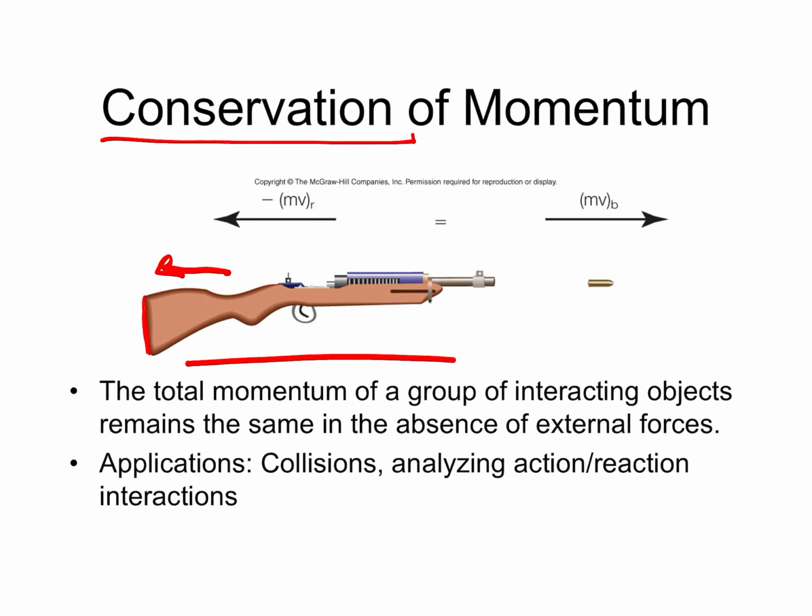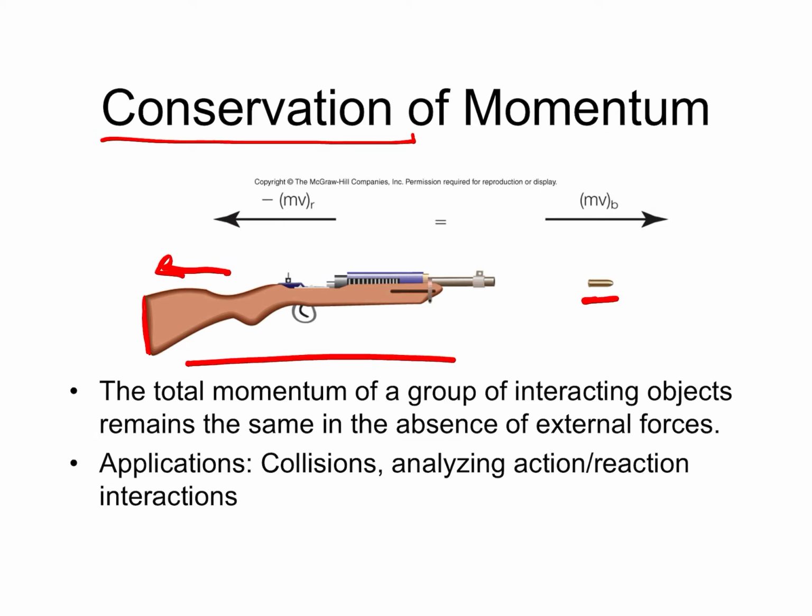Well, the gun has a mass, doesn't it? And it's also going to go backwards at a certain velocity. Where this bullet here, it also has a mass. Now, which one has the bigger mass? Well, obviously the gun, right? And so because of that, its backwards velocity isn't going to be as fast.